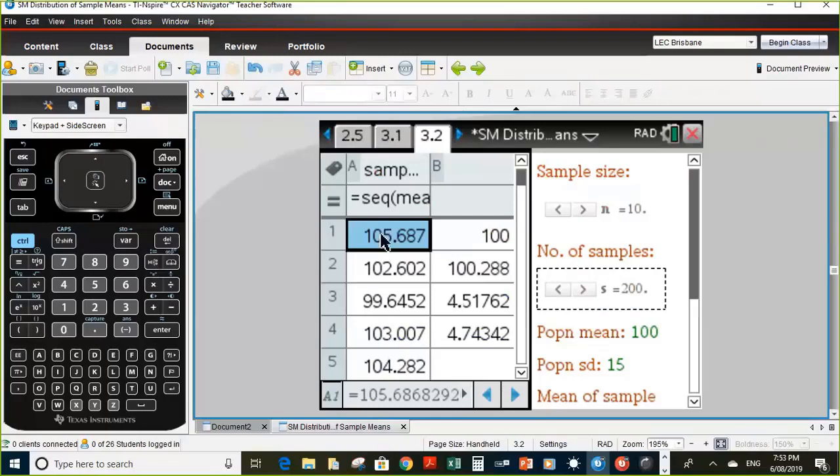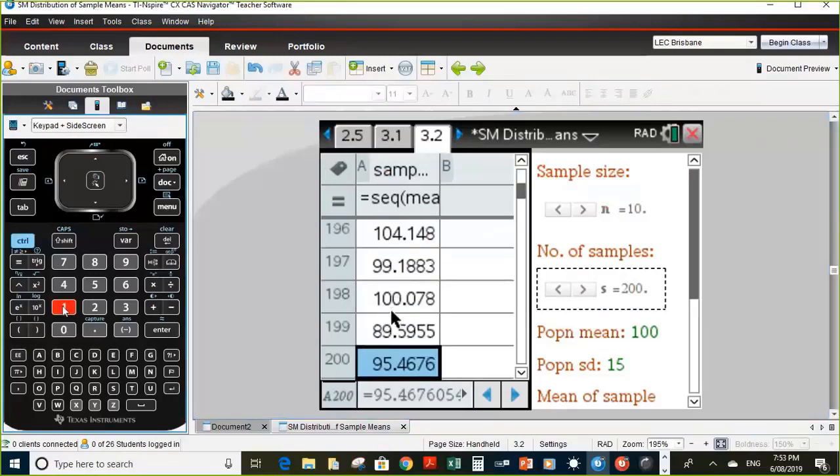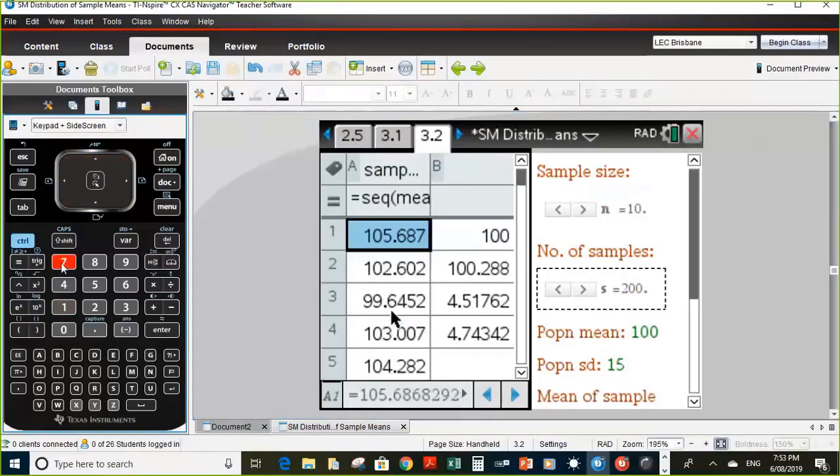So what we've got now in our spreadsheet, if I press Control 1 and then go down 1, we've got 200 sample means. Control 7 takes us back up to the top.